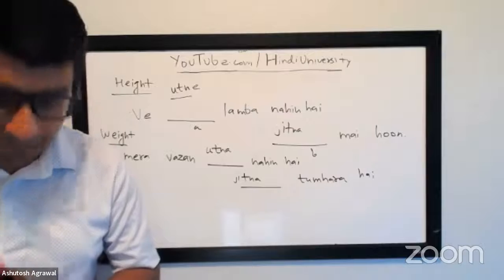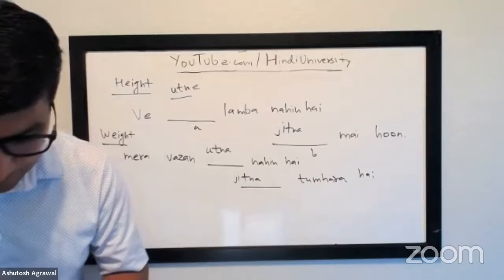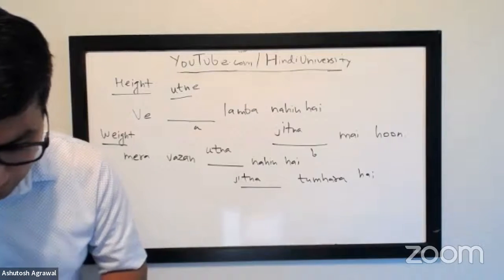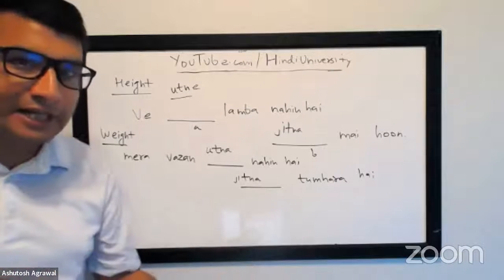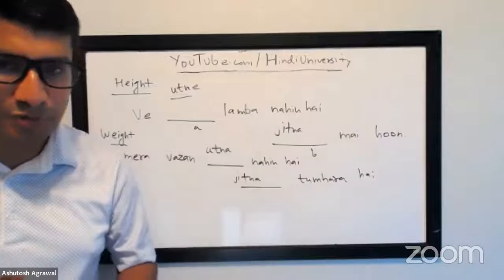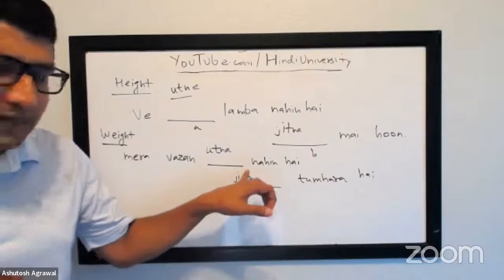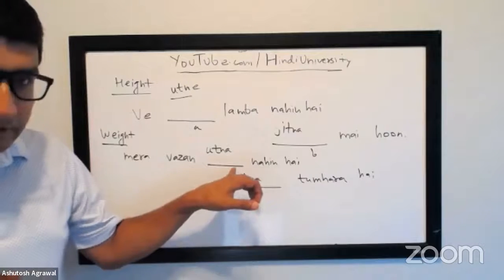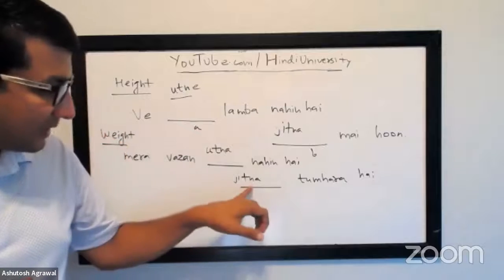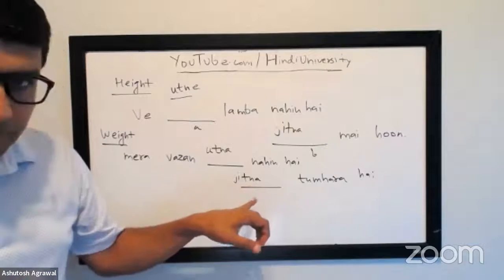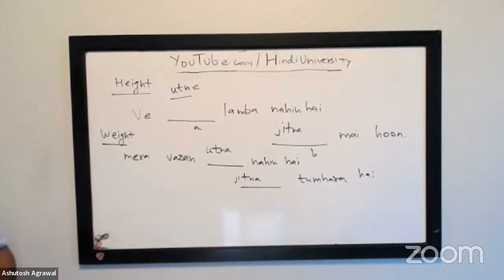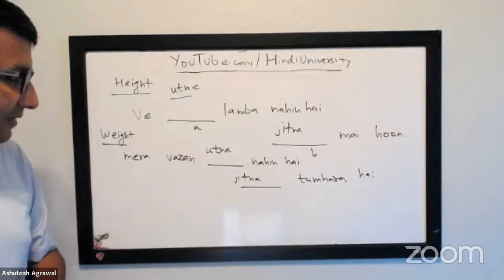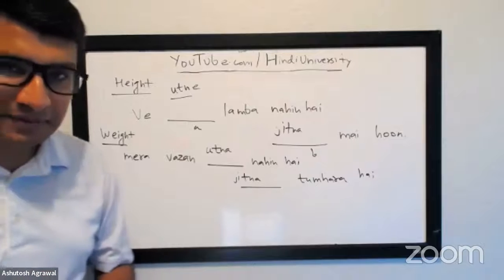Where's the as much? So my weight is not as much as yours. It's essentially what you have. You can say it in English like I do not weigh as much as you, but differently, but you have it, right? As much. My weight, as much as, the utna, right? That's right. Oh, वजन, okay. Okay. Yeah. JT, I am not as much tall as you are. Don't think of it as more.